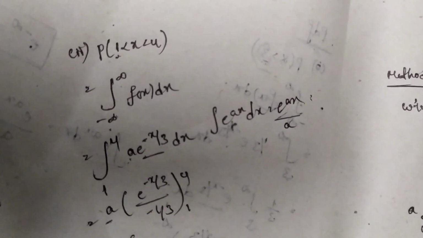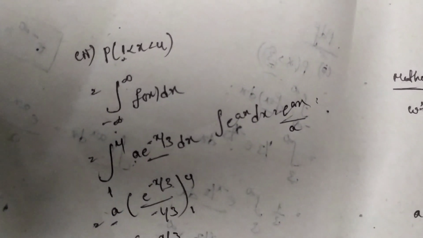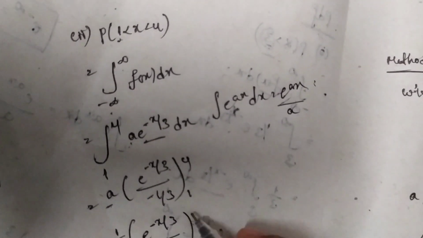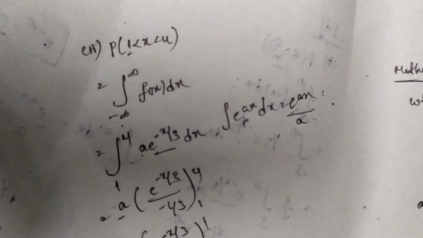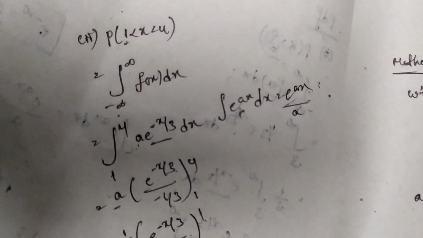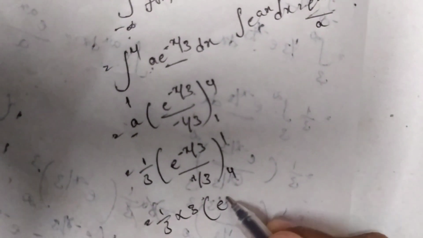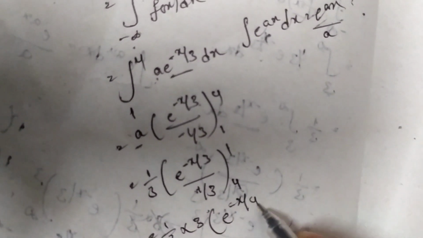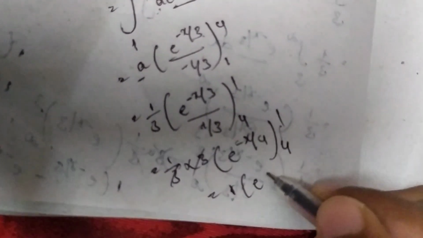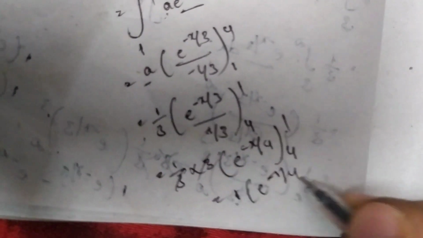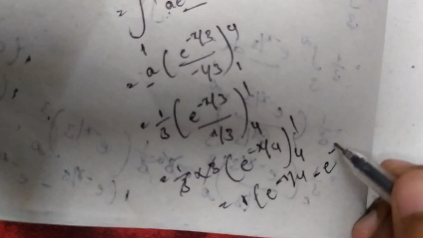Eliminating the minus we take 4 to 1, and 1 by 3 multiplied by 3 gives e power minus x by 3, from 4 to 1. Here 3 cancels, we get 1 into e power minus 1 by 3 minus e power minus 4 by 3.